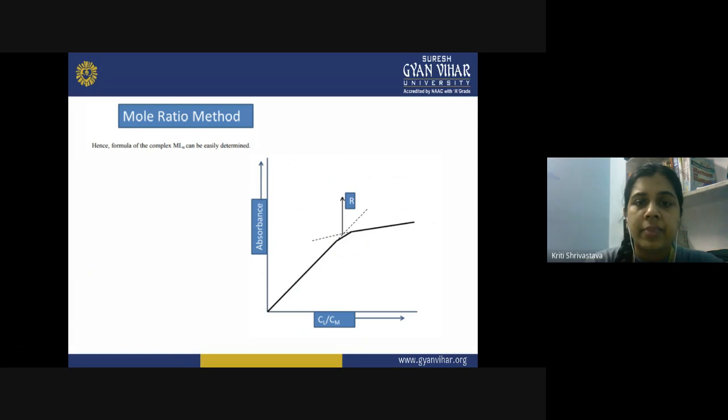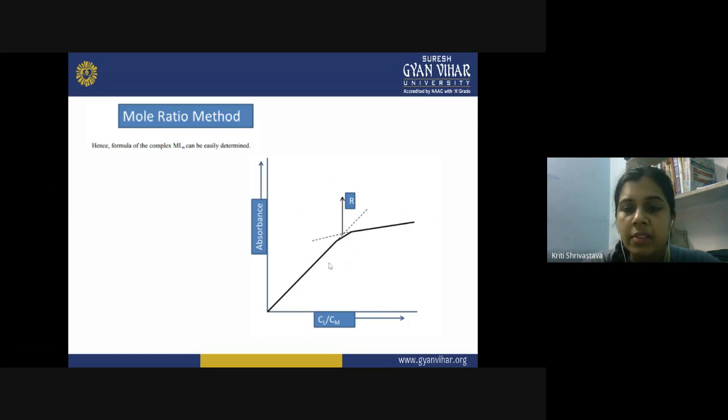On this side we have absorbance, and on this side we have Cl by Cm, that is the concentration ratio of ligand to metal, and the formula of the complex, MLn, can be easily determined by this method. So the n value we can determine here. n is the number of ligands attached to the metal atom.